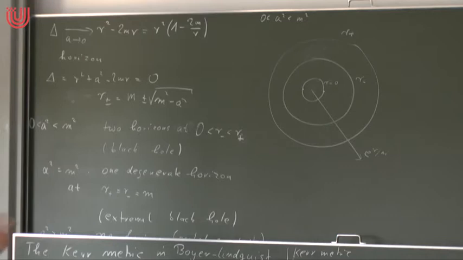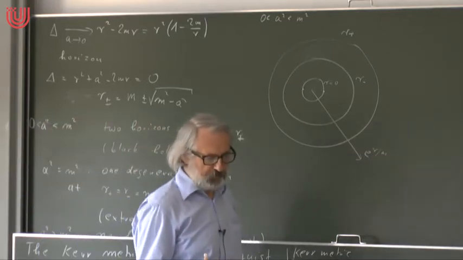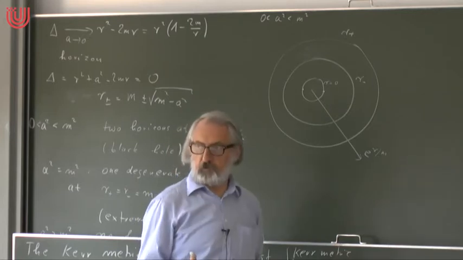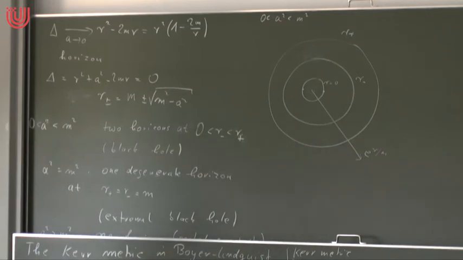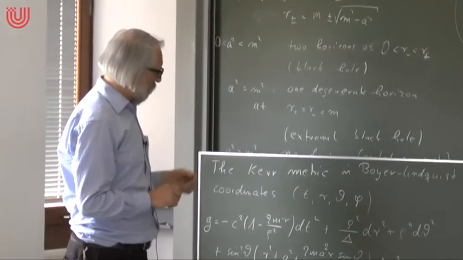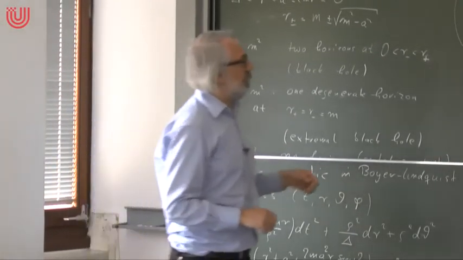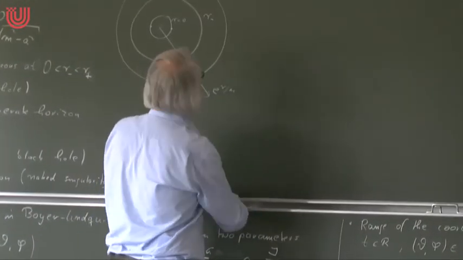If the object rotates, there's also a surface where d by dt changes its causal character, but it does not coincide with the horizon. So there's a new characteristic surface which bounds a certain region, which is then called the ergo region, and which is associated with the question of whether d by dt is time-like. So let's investigate this question a little bit further.